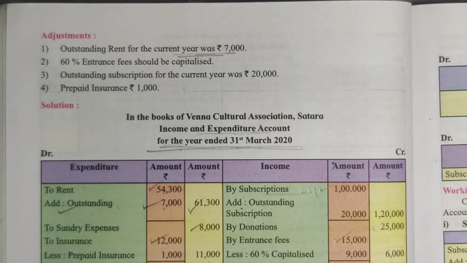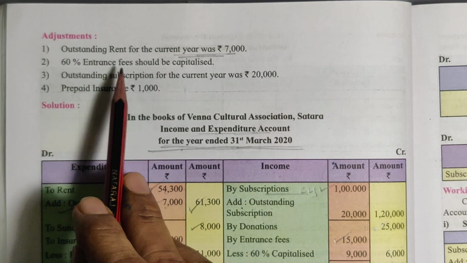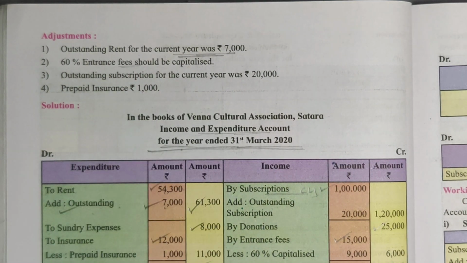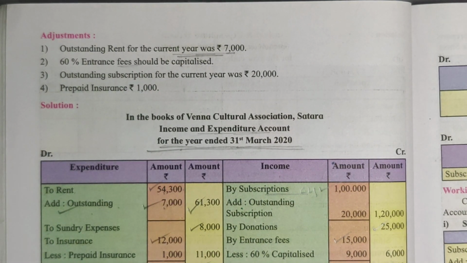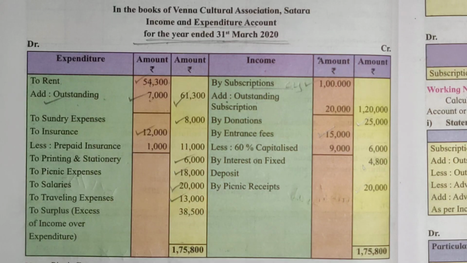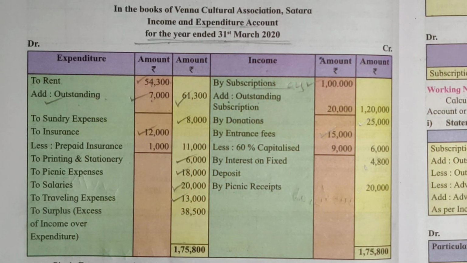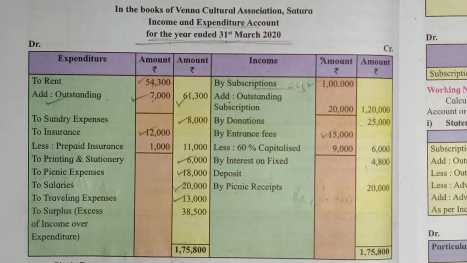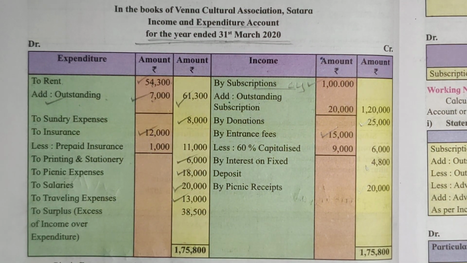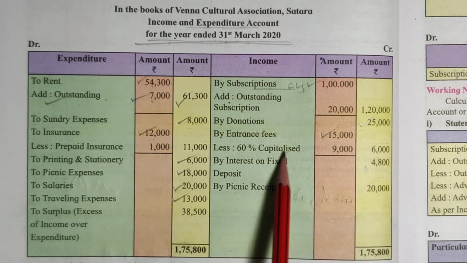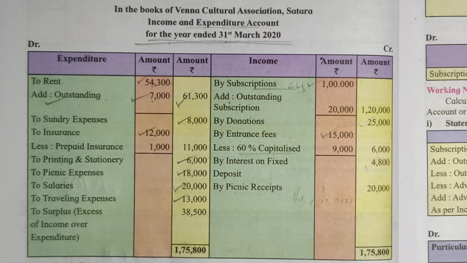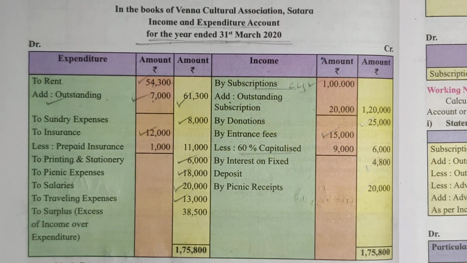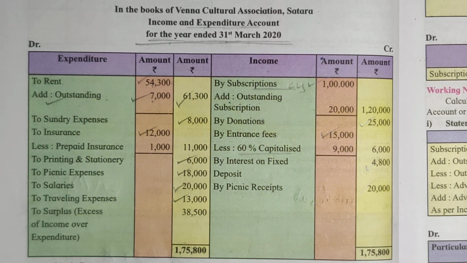Next adjustment is 60% of the entrance fees should be capitalized. Entrance fees given in the question is rupees 15,000. Out of this, 60% is to be capitalized. It means 60% of entrance fees is to be transferred to balance sheet liability side, or it is to be added in the capital fund.